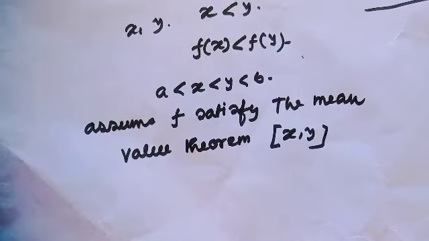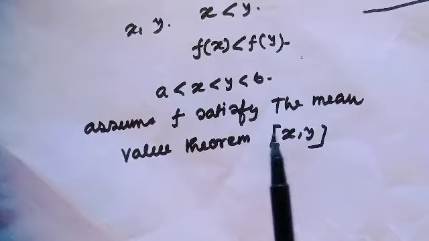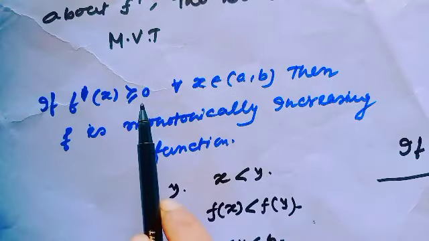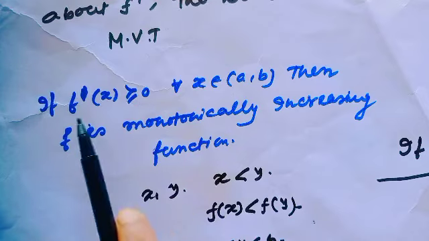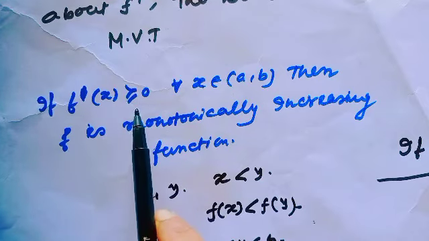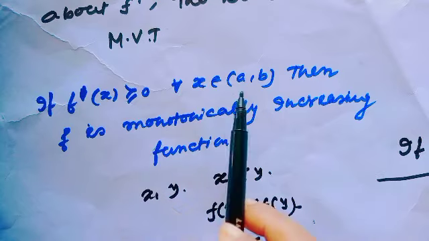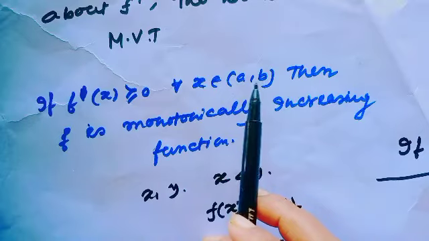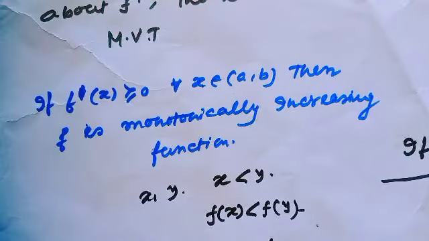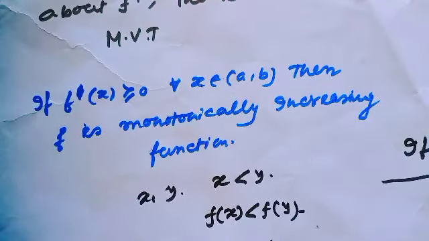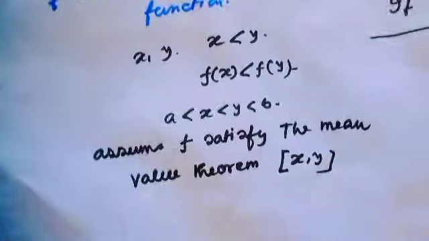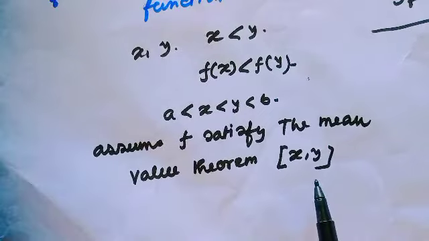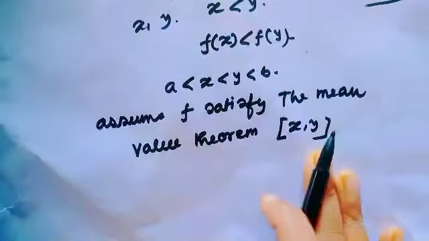And here mean value theorem will be applied because given f prime x greater than or equal to 0. That means function is differentiable on the open interval (a, b), and that implies function is also continuous on the open interval (a, b). Okay? Now consider the mean value theorem on the closed interval [x, y].